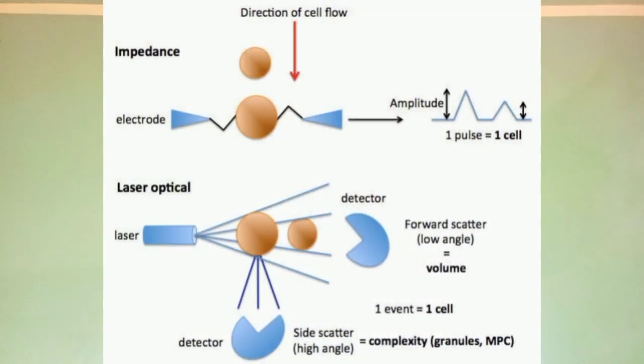The cell can be identified based on the intensity of the scattered light and the level of absorbance.